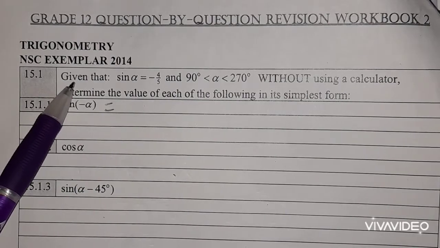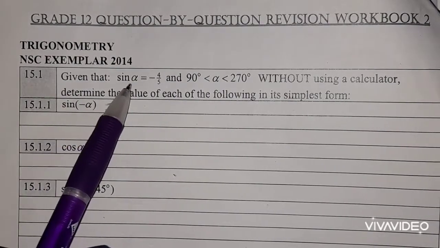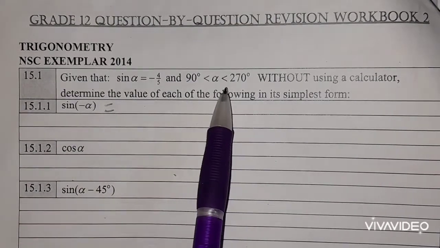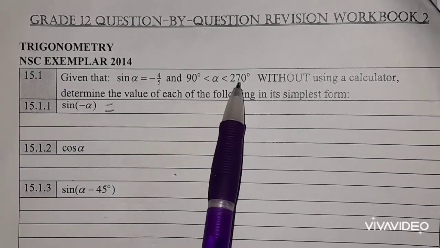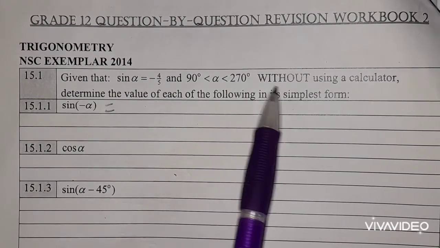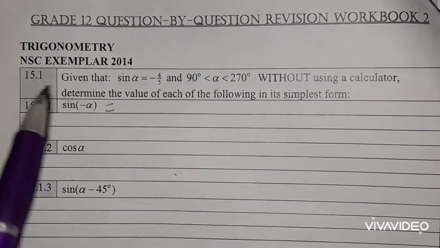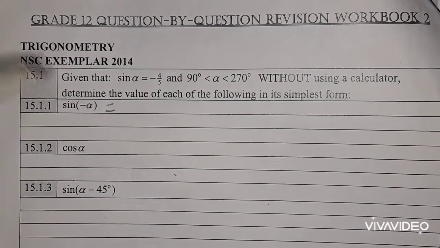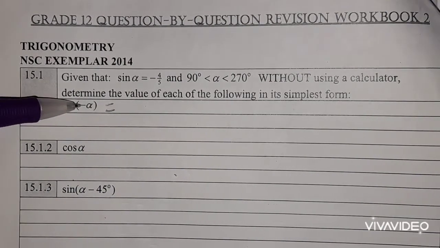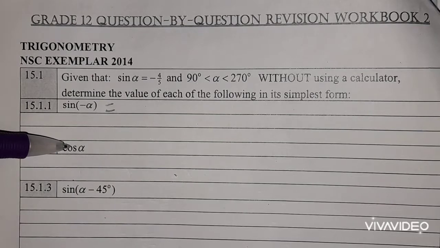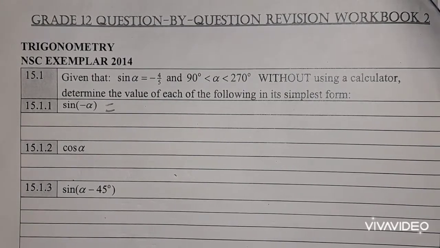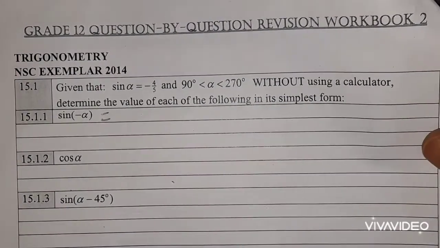The first question says, given that sine alpha is equal to -4/5 and alpha is between 90 degrees and 270 degrees, without using a calculator, determine the value of each of the following in its simplest form. So we have sine negative alpha, cos alpha, and sine alpha minus 45. How do we determine the value of each of the following?